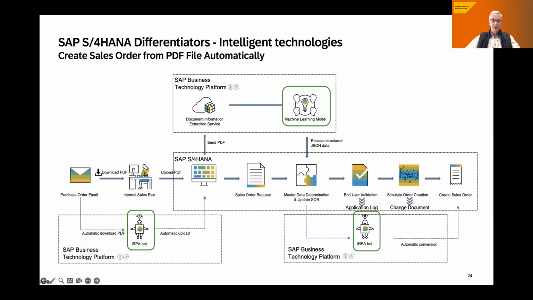And this iRPA bot would then automatically upload the PDF to SAP S/4HANA, would also at the same time send the PDF to our document information extraction service, probably something like optical character recognition plus AI, which would bring back the data from the PDF in a structured way into S/4HANA and sort them into the respective data fields, where then probably after a final end user validation, the sales order would be set up and ready for processing. Next slide, please.